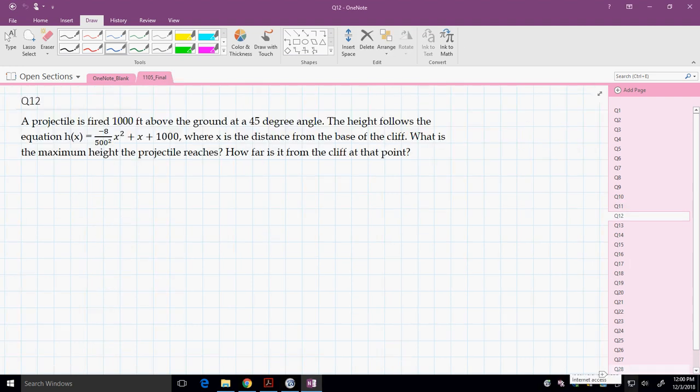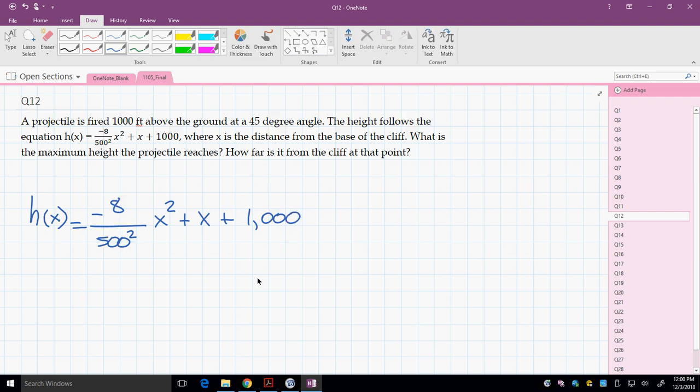A projectile is fired 1,000 feet above the ground at a 45-degree angle. The height follows the equation, so we have the equation for the height as a function of x, and it's going to be negative x squared over 500 plus x plus 1,000, where x is the distance.